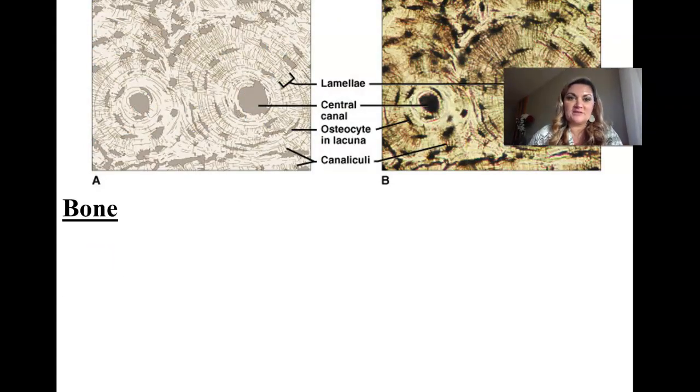The next type of connective tissue is very recognizable. You notice that it has these circles that you see throughout. The lamellae are going to be circles kind of like tree rings. With those, they're going to have circles that are embedded in them.